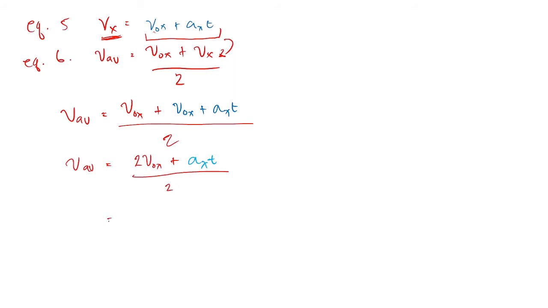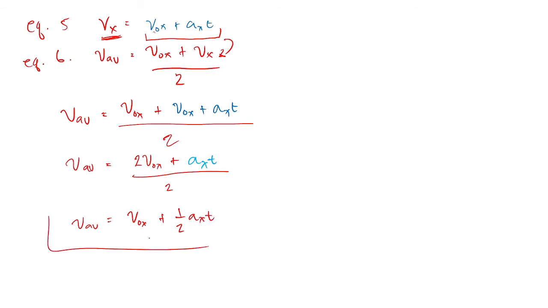Further simplifying this, we will actually have an average velocity which is v naught x, because 2 divided by 2 will be 1, and we have there plus 1 half ax t.